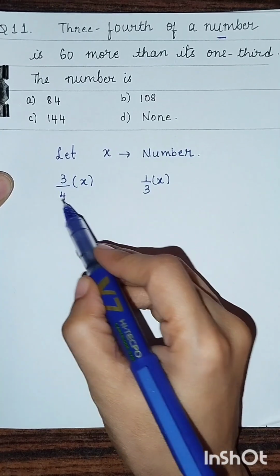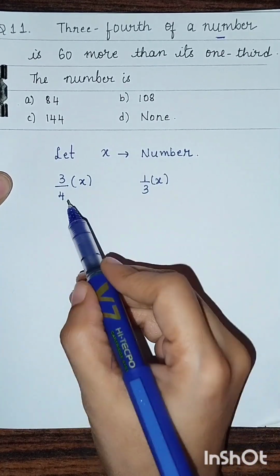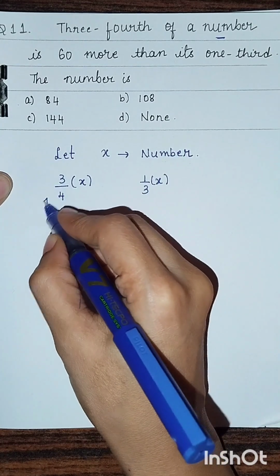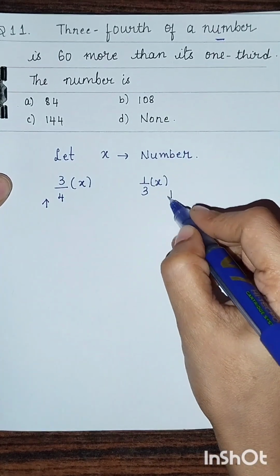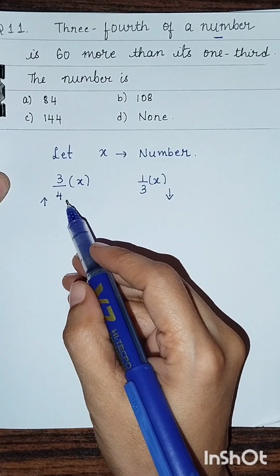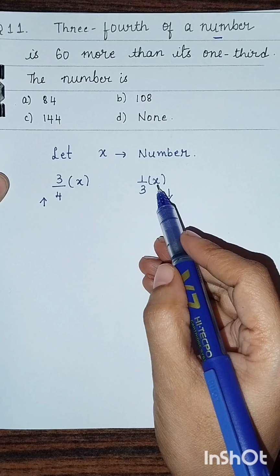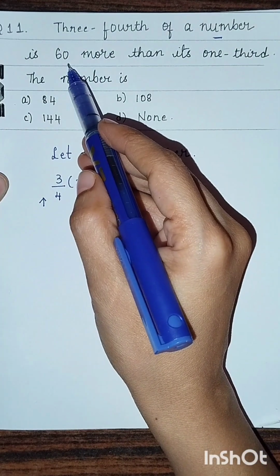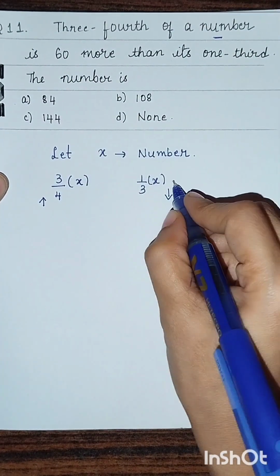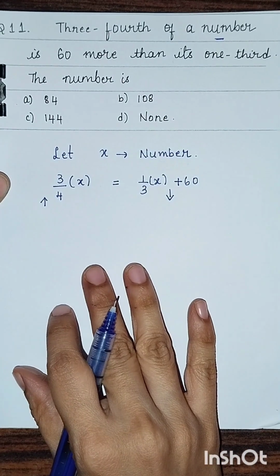So the value of this number is bigger and the value of this number is smaller. So if this is bigger, by how much is it more compared to 1/3 of x? By 60. That means you have to add 60 to this in order to become equal, right?